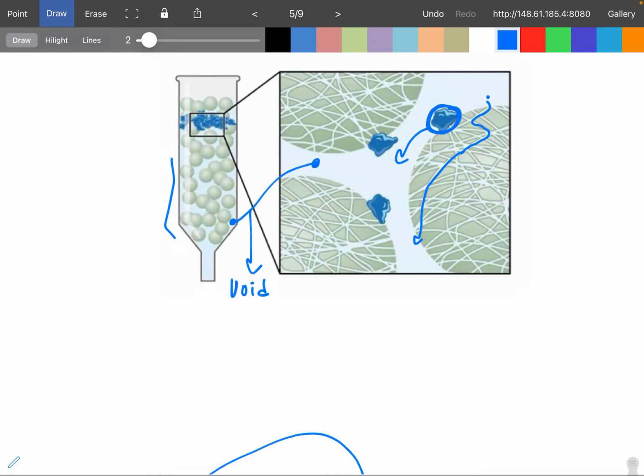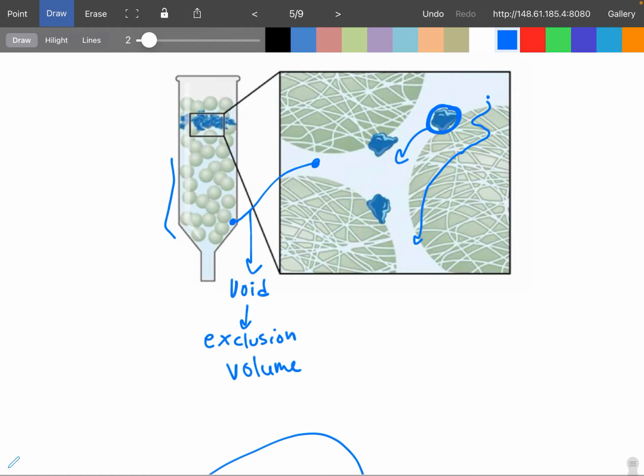Because those large things are excluded from entering the beads. And so we also might hear this term the void volume, and in an ideal situation the void volume and the exclusion volume are the same thing. Now that's in contrast to the small proteins.